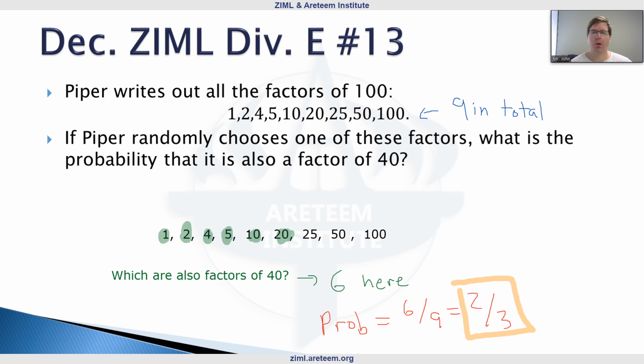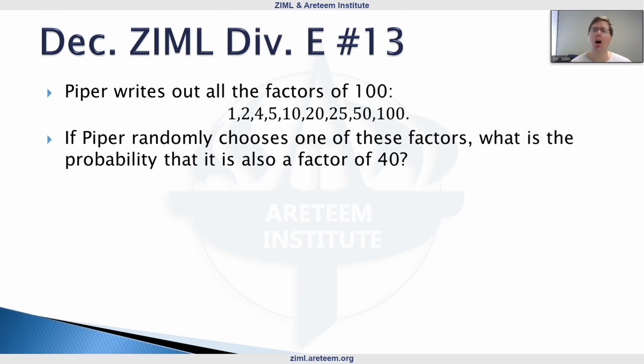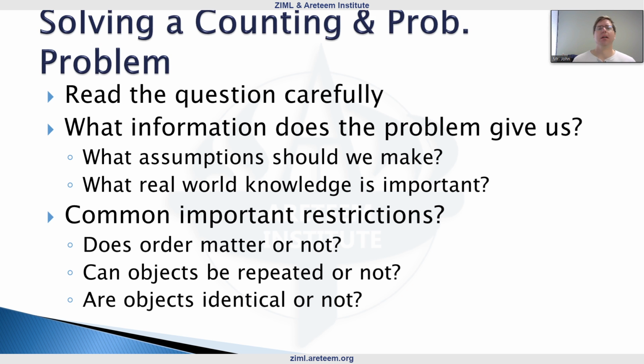So what are the basic knowledge points? We've already talked about some of these, but I just want to summarize a little bit here as well. So you want to, of course, read the question carefully. And especially for the counting and probability questions, think about the information the problem gives you.